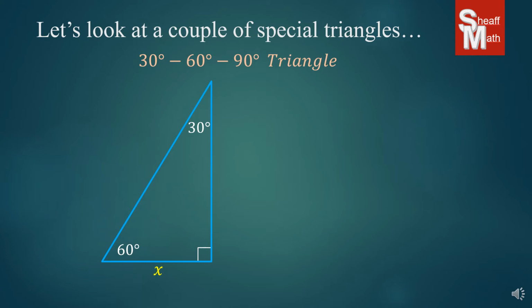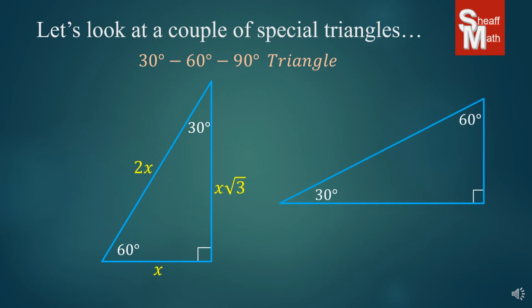The hypotenuse is exactly double that small leg every time. Now, what relationship does the long leg have? Well, whatever the small leg is, the long leg is square root 3 times that. So, for instance, we have this particular one, 30-60-90.